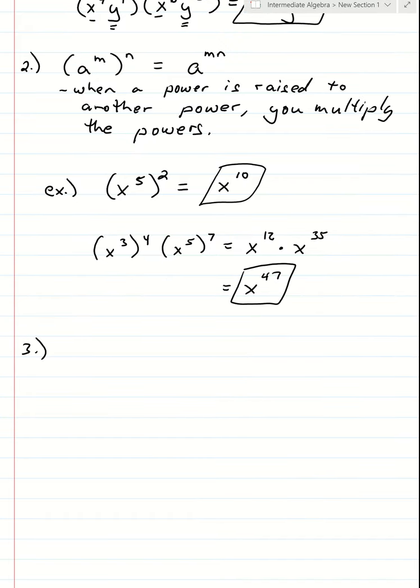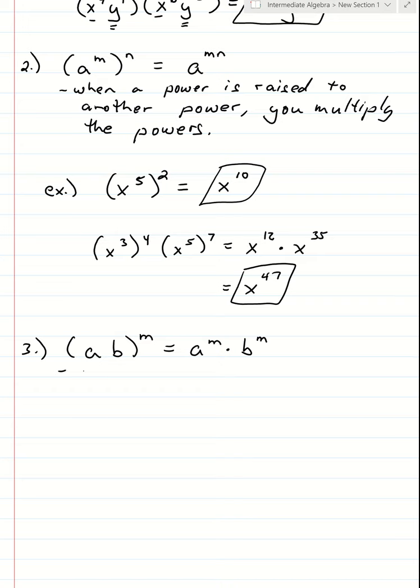Our third law tells us if we have a times b, two different bases, to the power of m, that is going to equal a to the m times b to the m power.